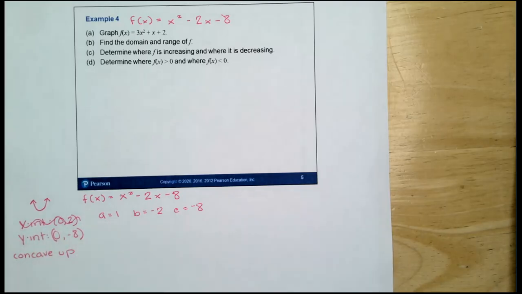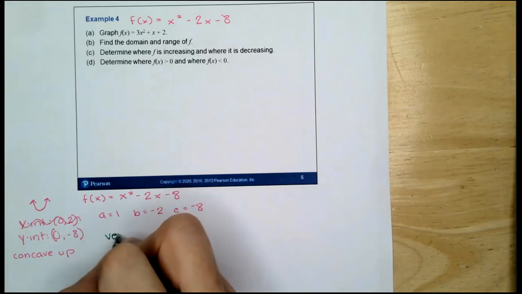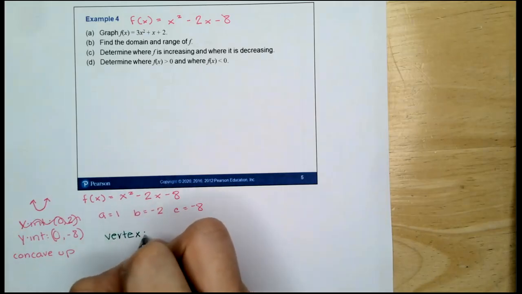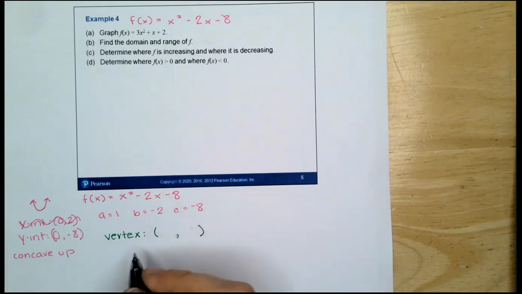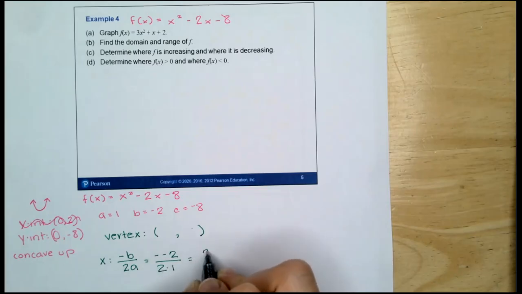And let's find our vertex. So our vertex, the x value is going to be negative b over 2a, which is negative negative 2 over 2 times 1, 2 over 2, which is 1.